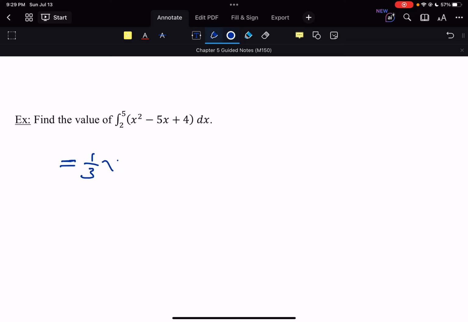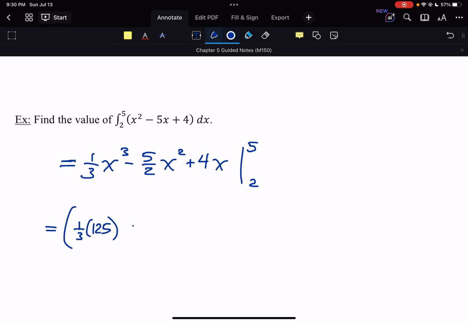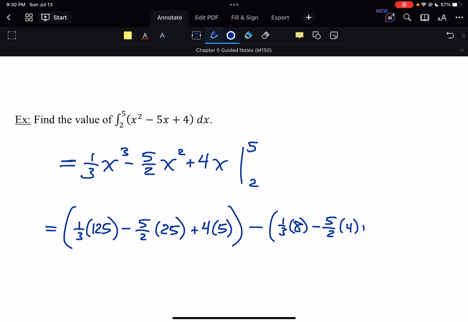So we get 1/3 x cubed minus 5/2 x squared plus 4x, evaluated from 2 to 5. So we get the 5 case, 1/3 times 125, minus 5/2 times 25, plus 4 times 5, minus the 2 case, so 1/3 times 8, minus 5/2 times 4, plus 4 times 2.